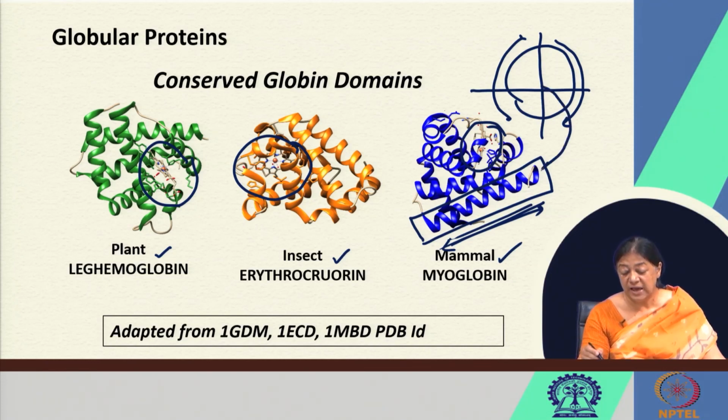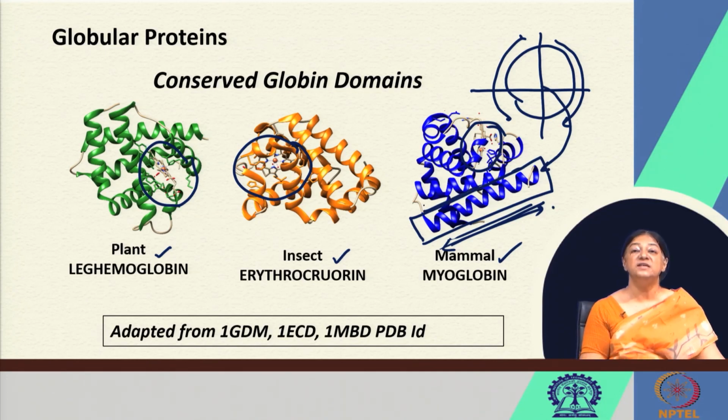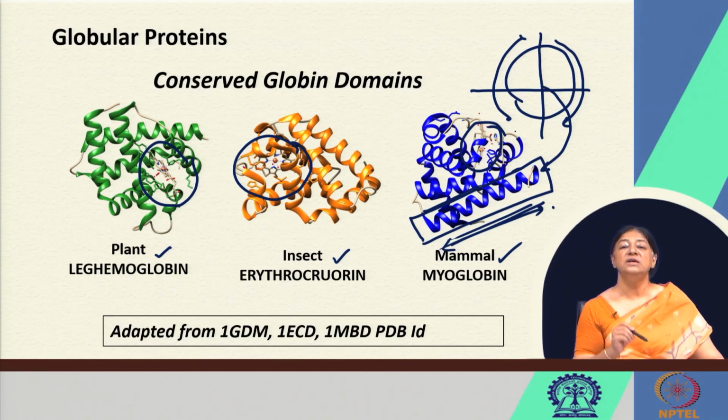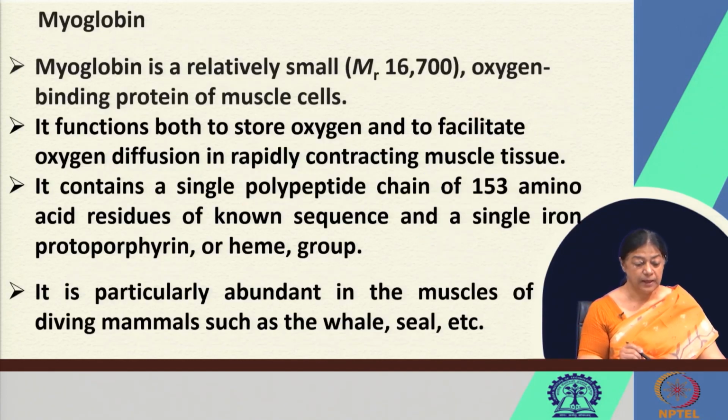So, we look down the axis here and we have a hydrophilic surface, we have a hydrophobic surface facing the interior of the protein, because we know that this is a globular protein, this is going to be soluble in polar solvents. So, the surface amino acid residues are preferably going to be polar in nature.